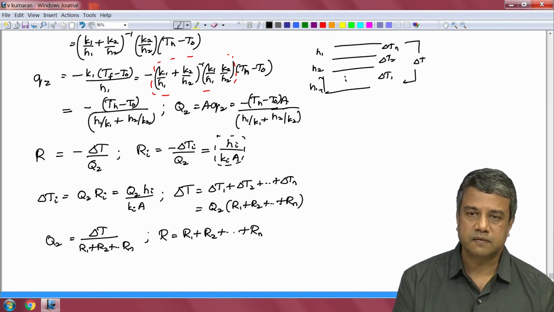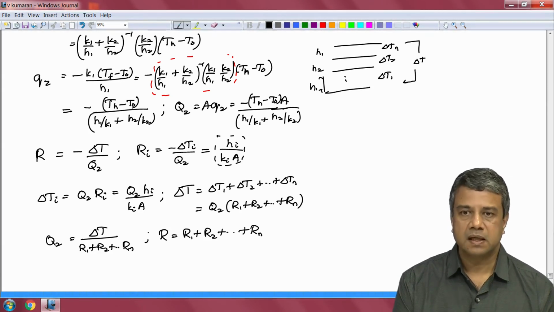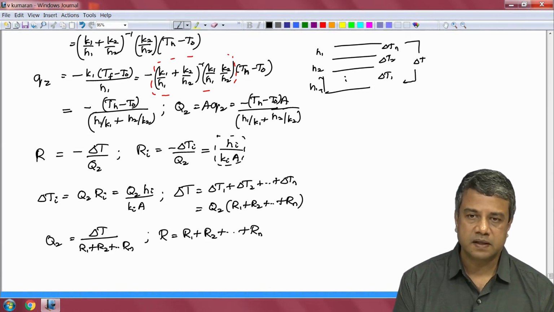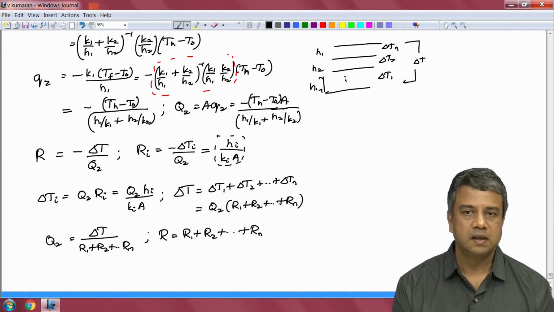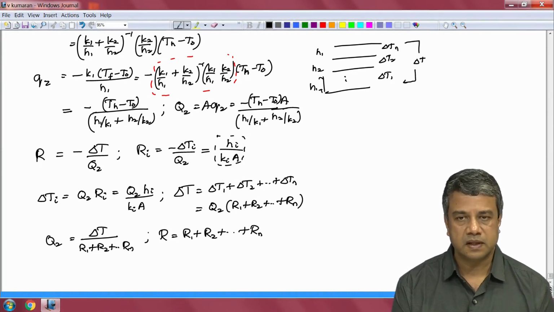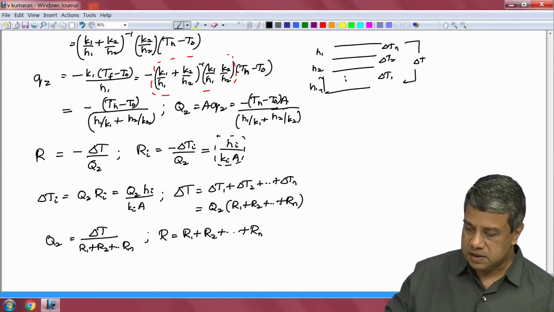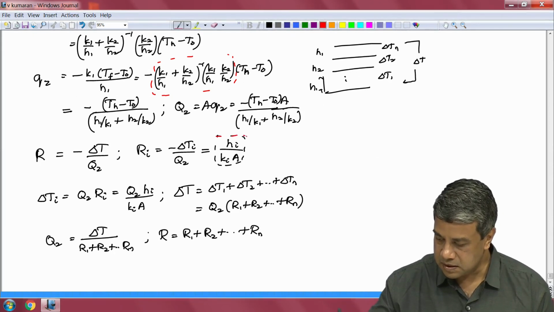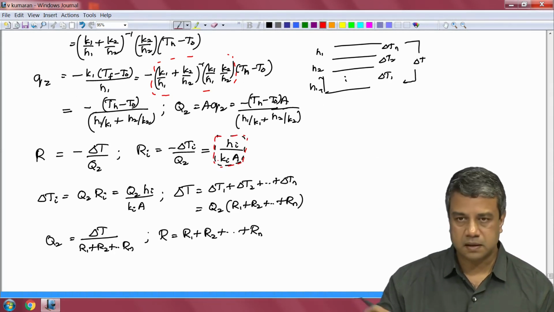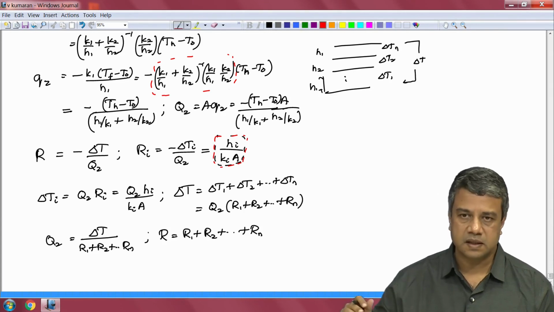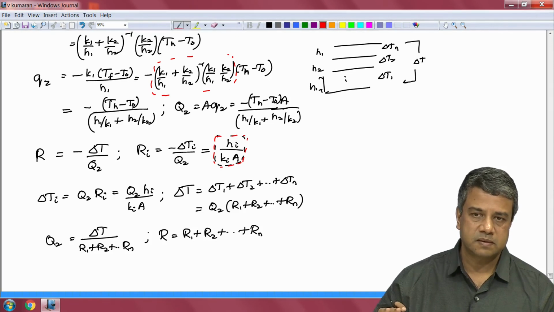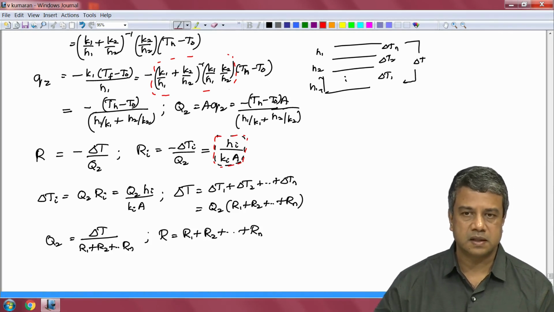The field variable is a linear function of z, and if you have multiple slabs, the total transfer rate can be written as the difference in the field variable divided by the total resistance, where the total resistance is the sum of the individual resistances. Individual resistances are thickness divided by the conductivity divided by the area, or thickness divided by diffusivity divided by area, as the case may be, whether you pose it in terms of temperature or enthalpy density.